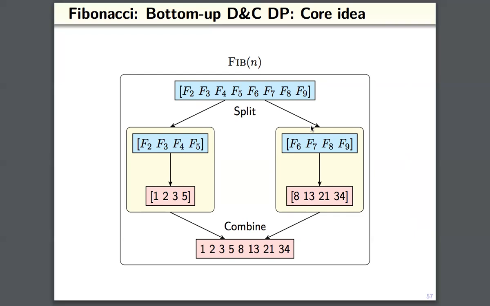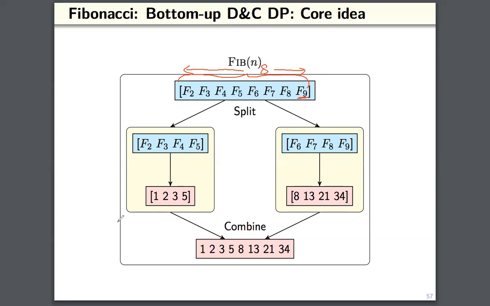Okay, let's see. Fibonacci of n, we will skip F0 and F1, the base cases. So now let's think that you want to compute 8 of these Fibonacci numbers. I mean, even F9 is also fine. Suppose you want to compute F9. And what is the length from F2 to F9? Suppose it is 8, a power of 2.